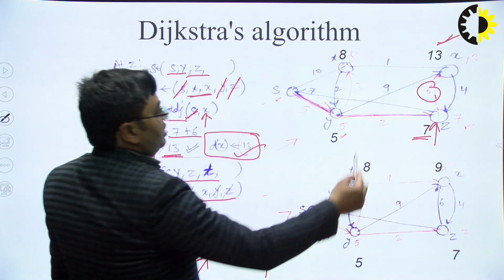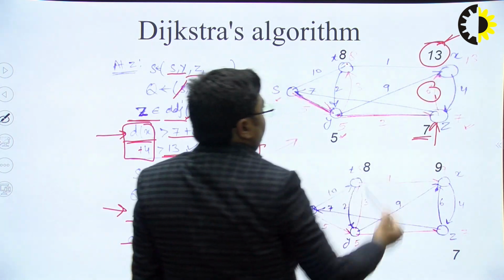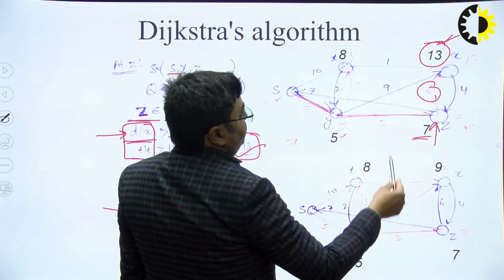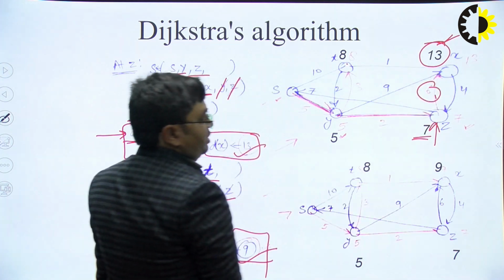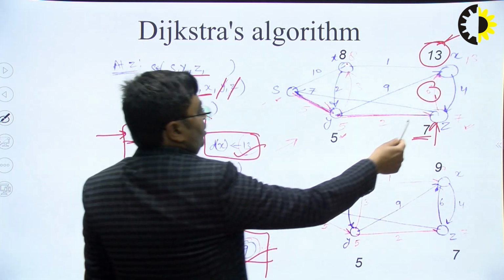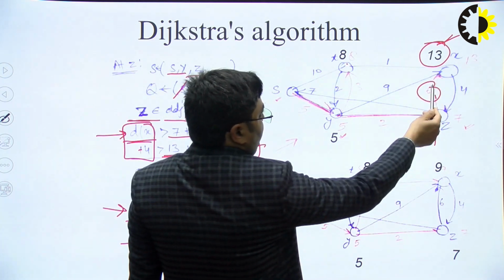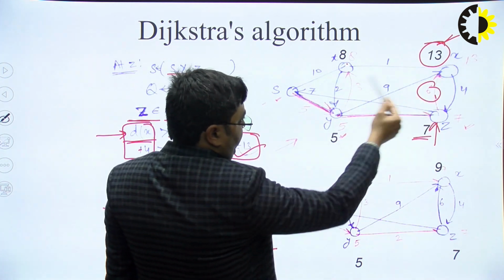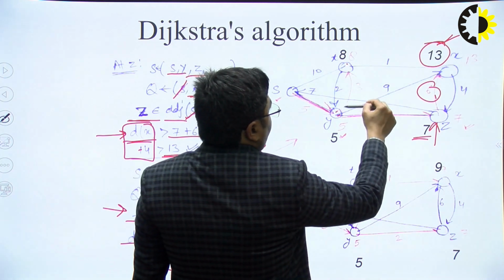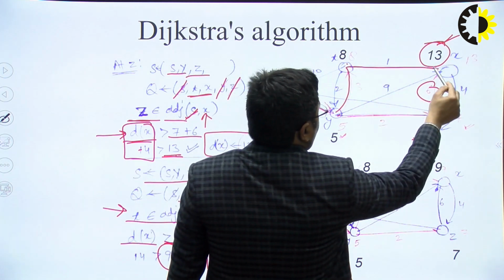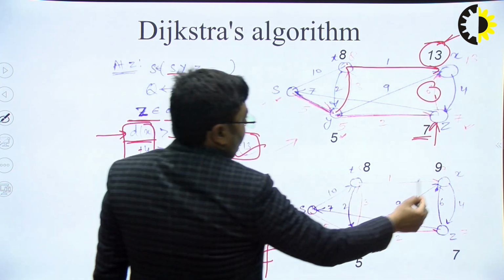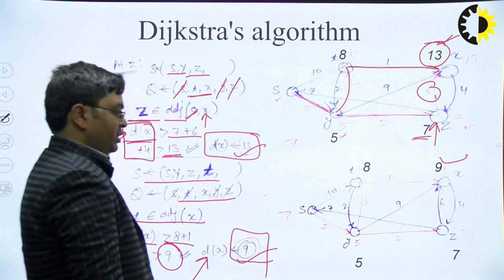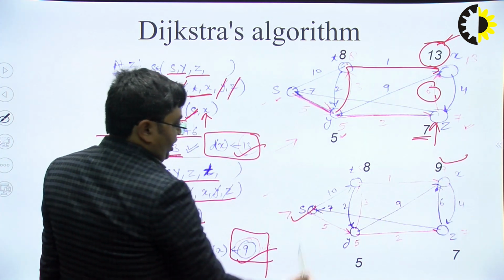Earlier it was 14, then 13 using the z node, but if we use these edges, we have only 9. The source node is already covered.